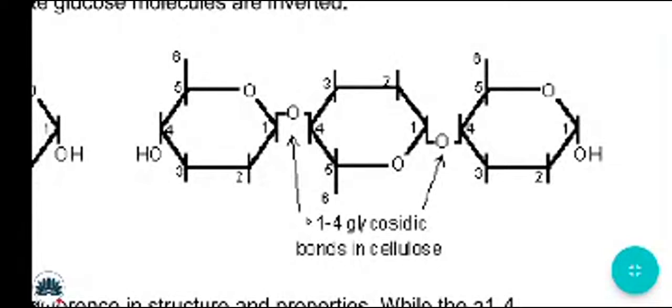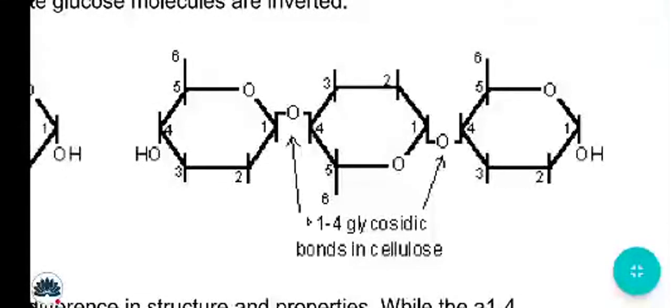This is inverted due to the reason that you are taking the beta glucose. But wait a minute, in the cellulose, all of the beta glucose are the same, obviously. And according to the information we have already discussed, beta glucose means carbon number 1 has the hydroxyl group above it. If the carbon number 1 hydroxyl group is above, then this is beta glucose.